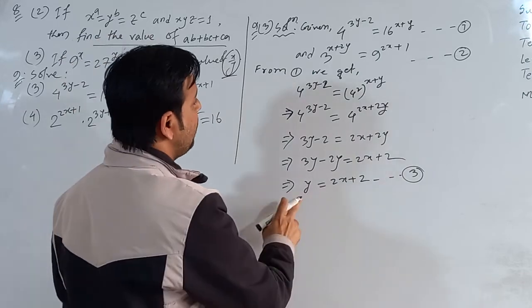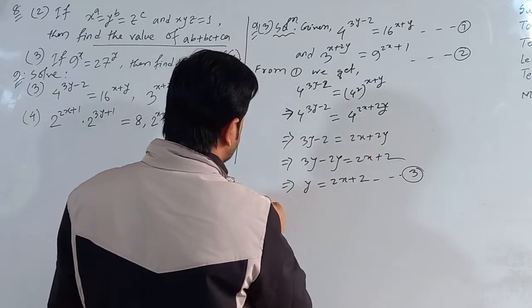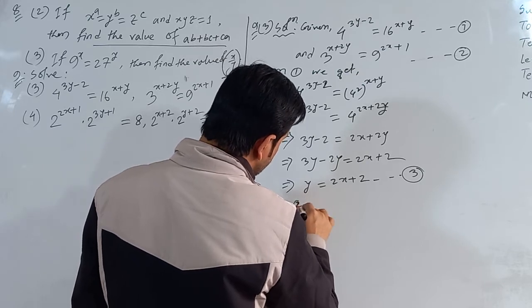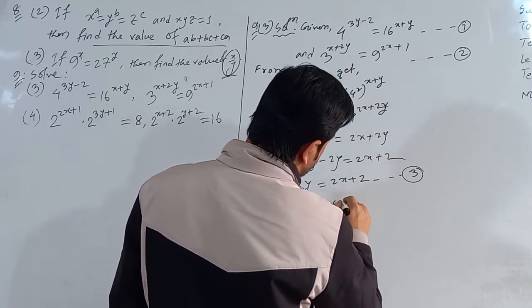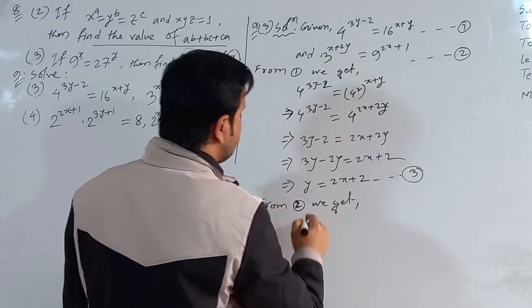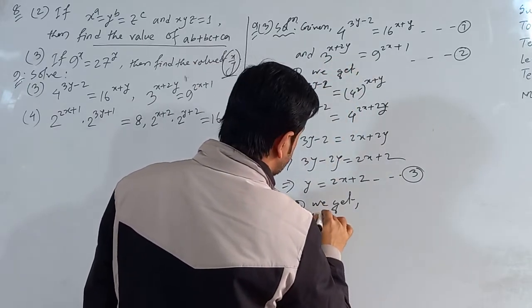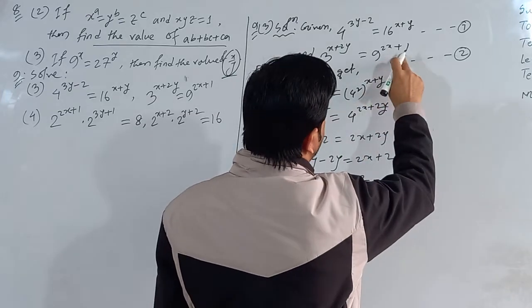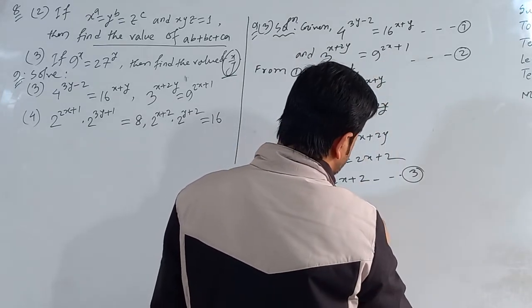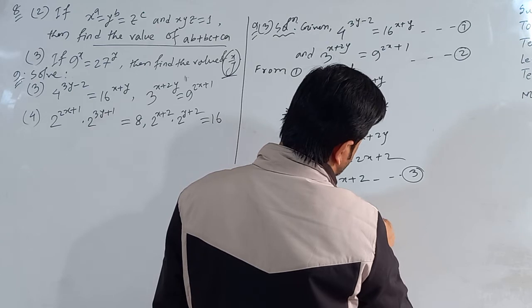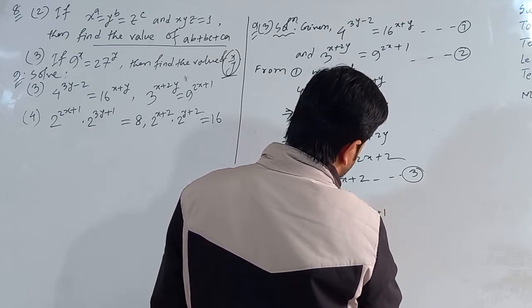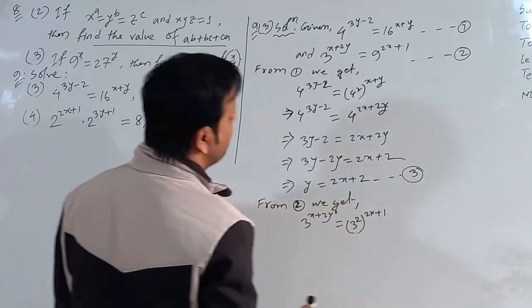Now put this value in equation 2. From 2 we get, here is written 3 to the power x plus 2y is equal to 9 to the power 2x plus 1. So we can express 9 as 3 square. So we can write 3 square whole to the power 2x plus 1.